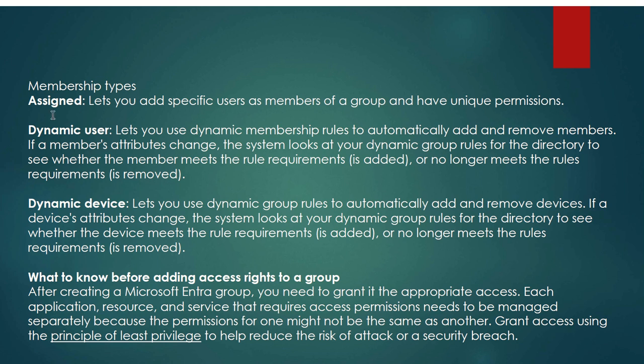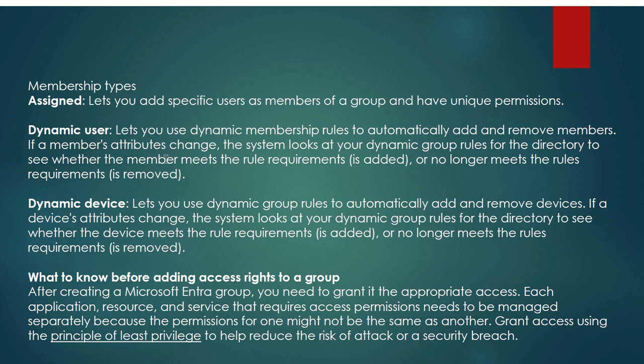In case of the assigned approach, you can directly pick your user and add them as a member of your group. Dynamic user lets you use dynamic membership rules to automatically add and remove members. If a member's attribute changes, the system looks at your dynamic group rules for the directory to see whether the member meets the rule requirements or no longer meets the rule requirement.